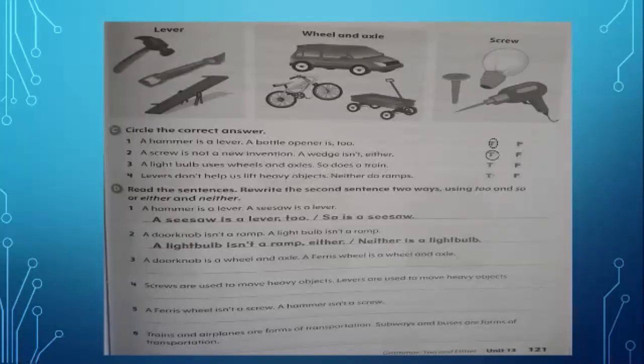A light bulb does not use a wheel and axle. A train does. When we turn the switch, when we turn the bulb inside this, when we turn it around to fix it where we would like to, don't you think that the wheel and axle is used? Because wheel and axle is somehow used in every single thing nowadays.